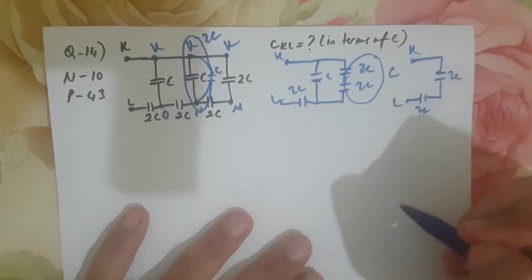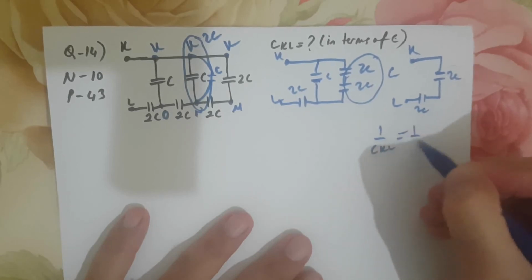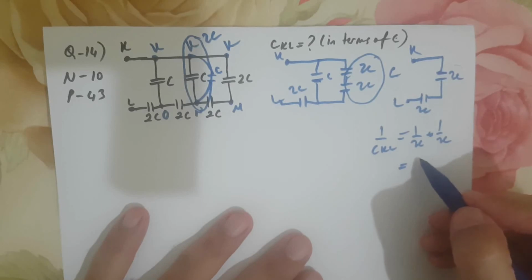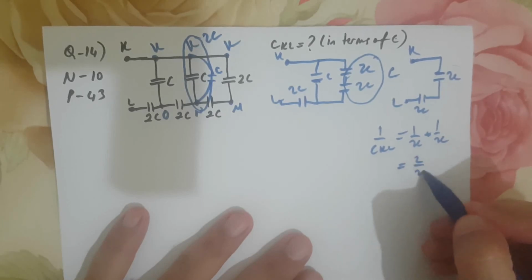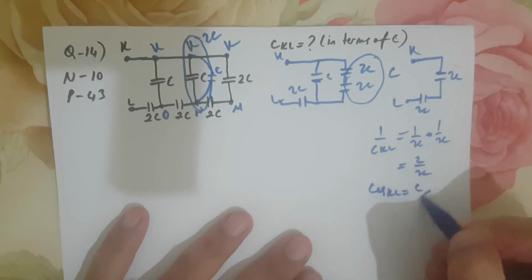So 2C and then 2C is series combination. What is the series combination? 1 over 2C plus 1 over 2C equals 2 over 2C. So the C equivalent KL is equal to C. Okay, let's look at the next question.